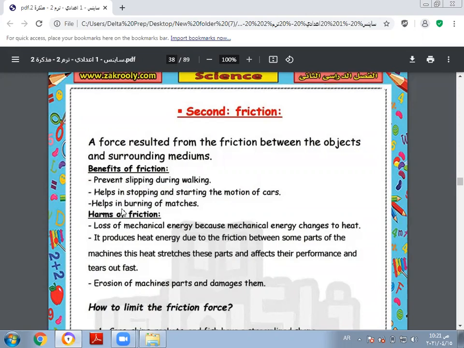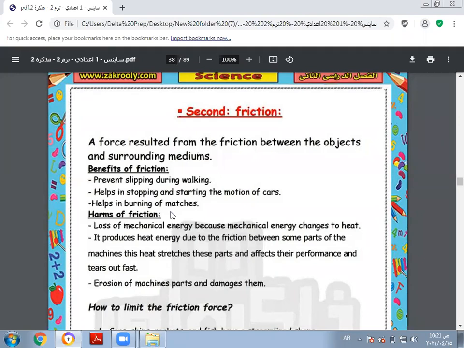And number three, it helps in burning of matches. A give reason may come on benefits of friction: car tires are covered with a very coarse or rough substance. The answer is to increase friction between tires and the road to help the car in starting motion and stopping.